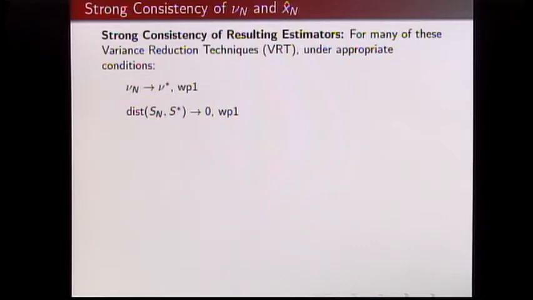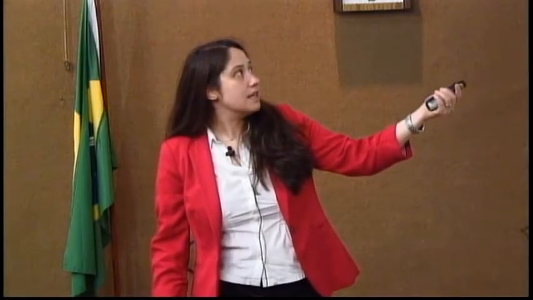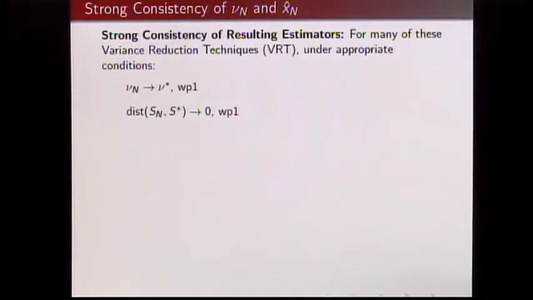All right. Next thing, we can ask questions. That thing is quite general. We had it for crude Monte Carlo. We have it for these bias reduction, variance reduction techniques. What happens to the consistency or strong consistency of the optimal values and the optimal solutions? You must have seen in Tito's lectures, under certain conditions, the optimal value of the SAA problem will converge to the true optimal value with probability 1.